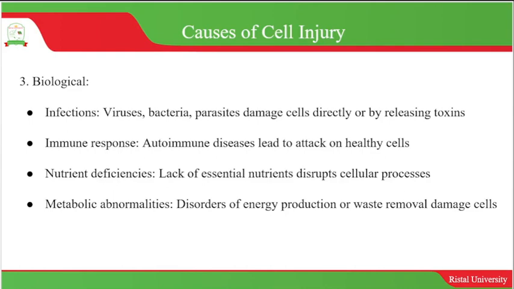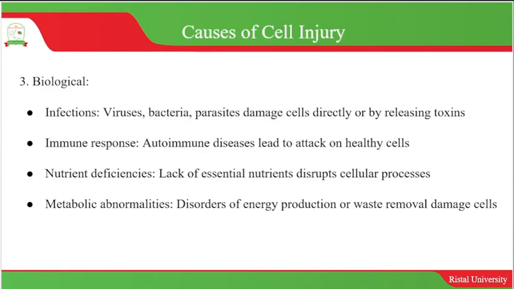Another biological cause of cell injury is metabolic abnormalities. Disorders of energy production or waste removal may damage cells. For example, energy disorders such as the failure to provide glucose. These disorders, such as disorders of the kidneys, may facilitate damage to these cells.